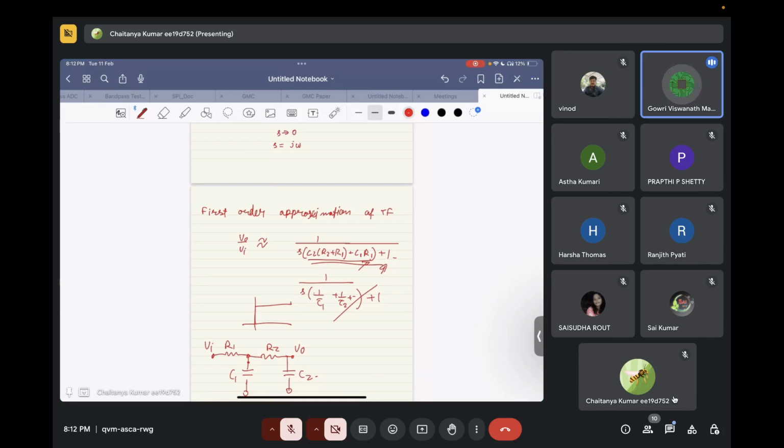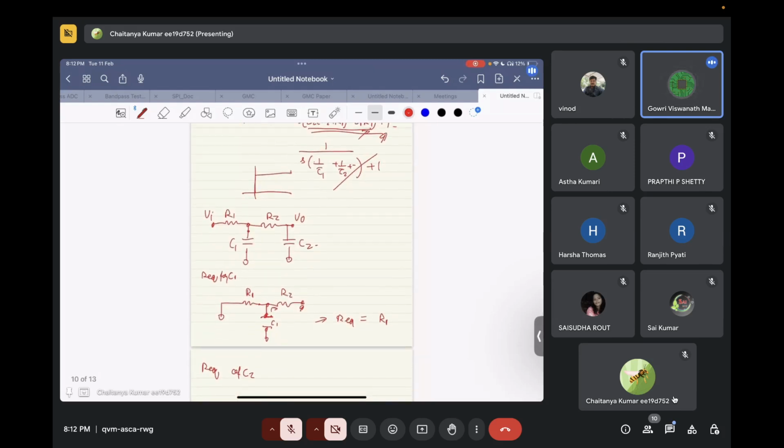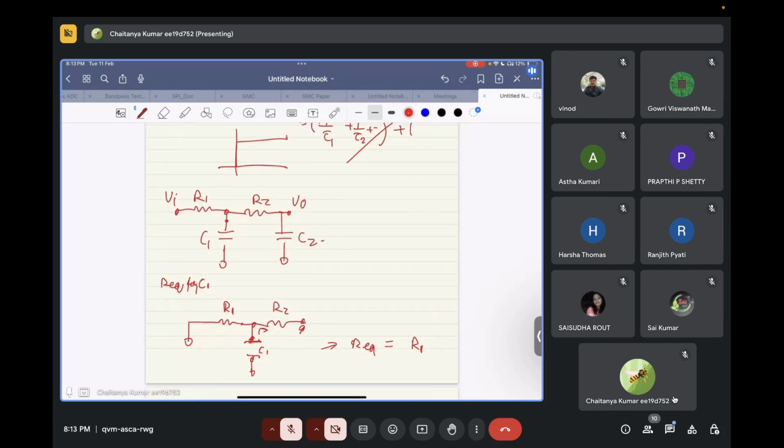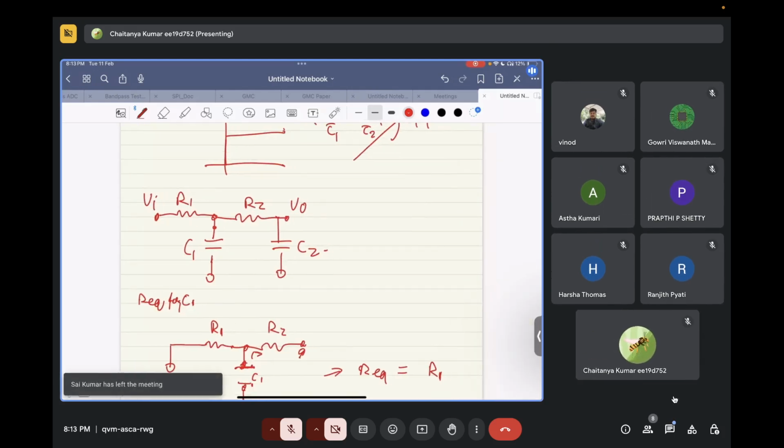So while calculating C1, why we won't connect the C2? Why we won't short circuit the C2? This is more of a procedural thing rather than an intuitive thing. So you can remember this just as a procedure.